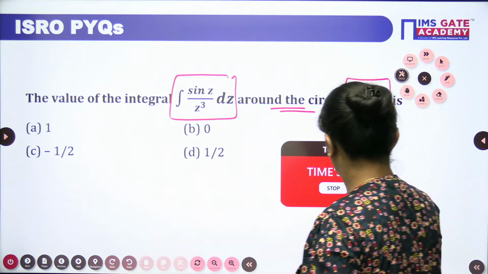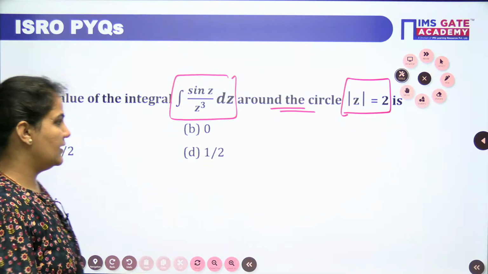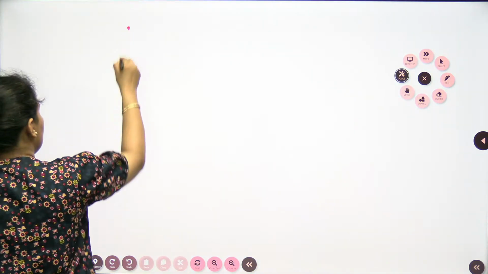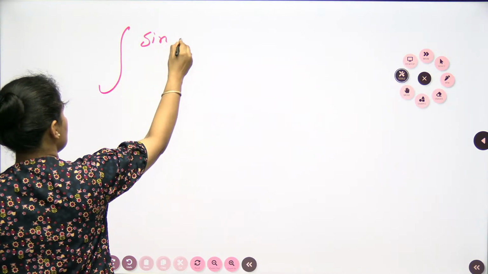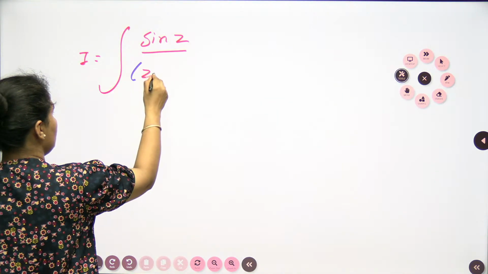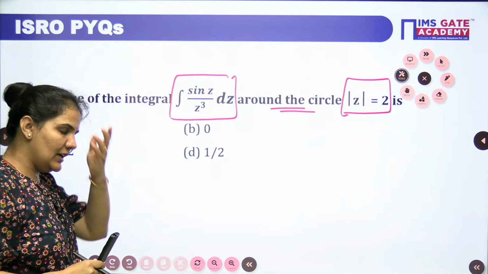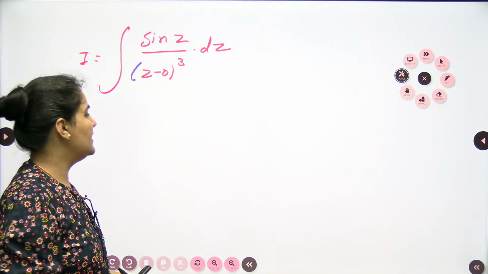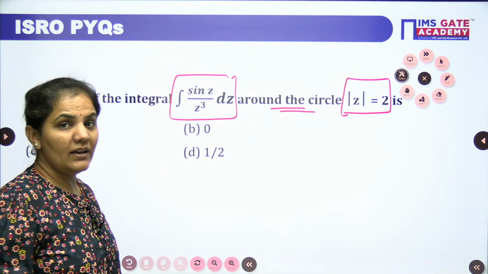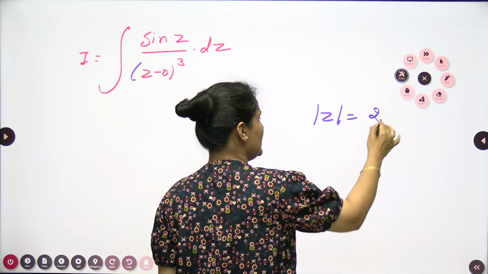Let's approach it. I can see the question as the integration of sin z by z cube, which I can write as sin z by z minus 0 power 3 dz, and the circle is mod z equals 2.